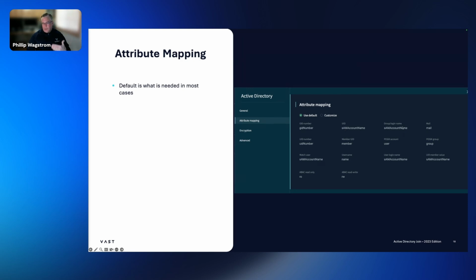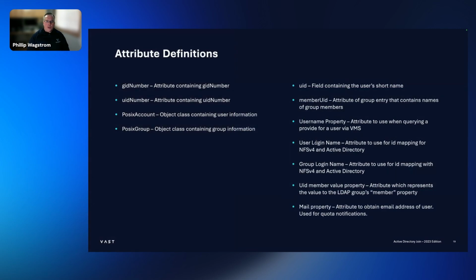We're going to search for different things using SAM account name for this, but look for UID number and GID number attributes to get those there. So again, we'll break down what each one of these are for this. Very similar again to what the OpenLDAP ones are, just using different attributes because Active Directory is defined a little bit different than OpenLDAP.